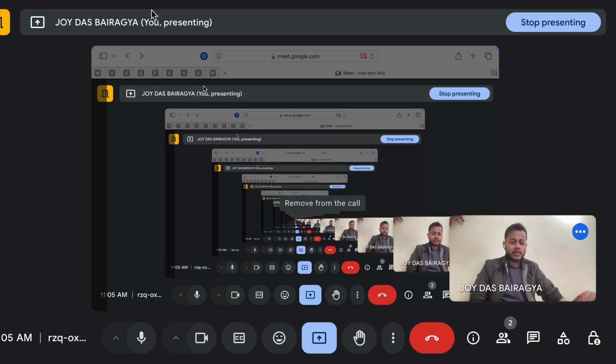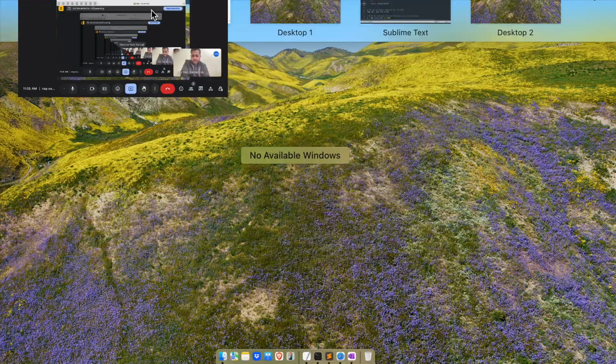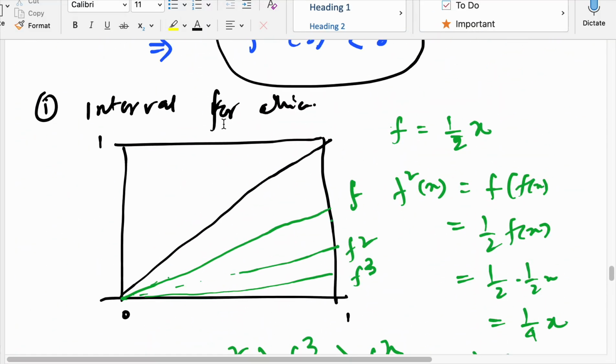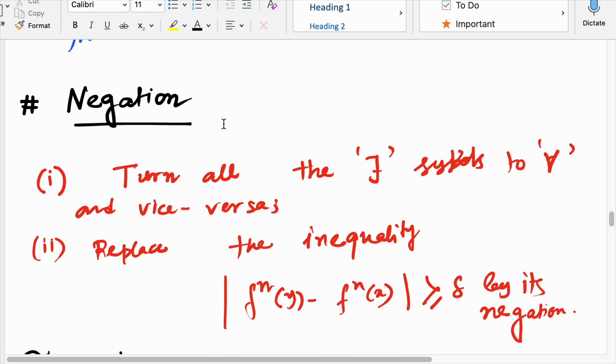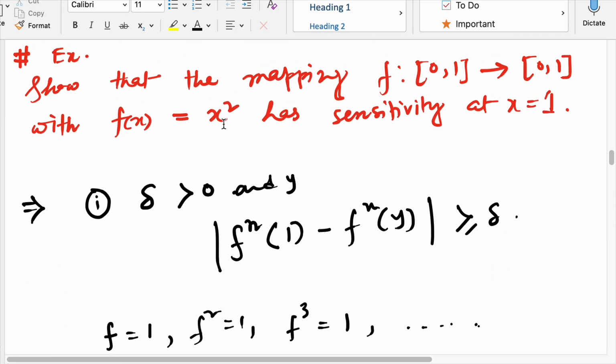So we will first start from where we ended in the previous class. So let's see what we have learned in the previous class.